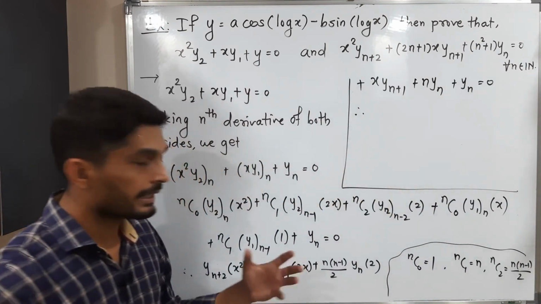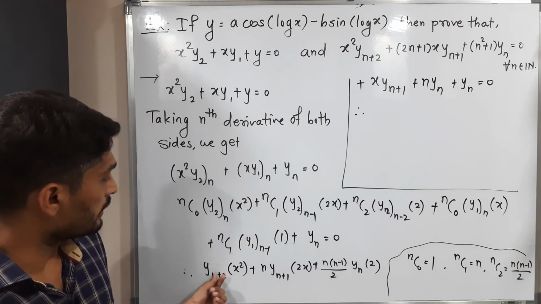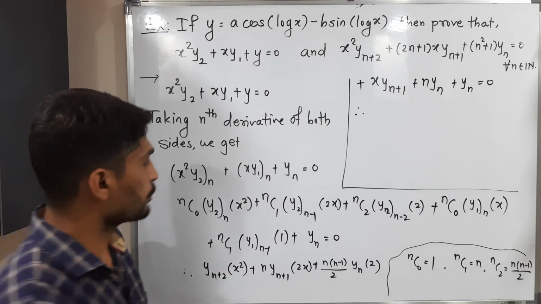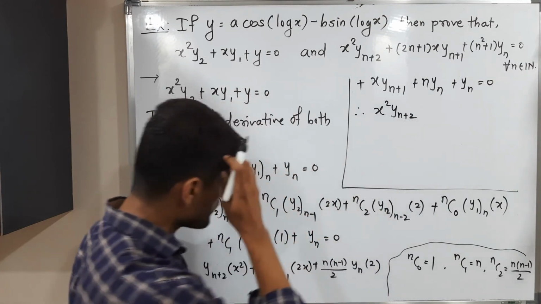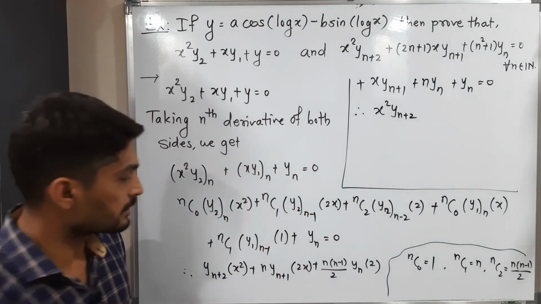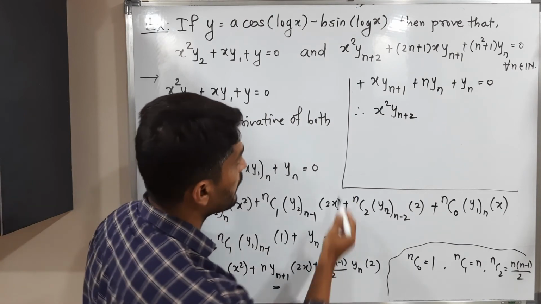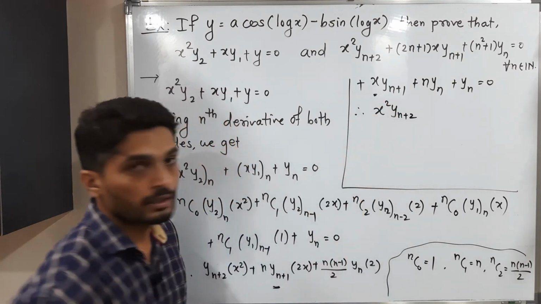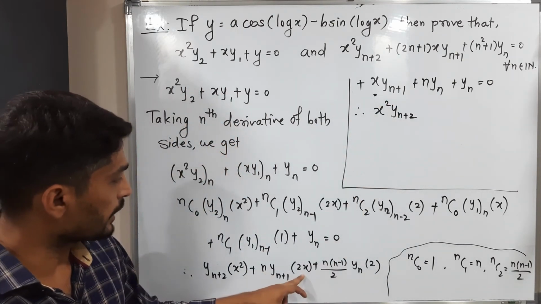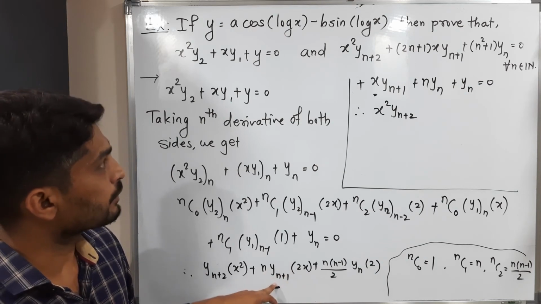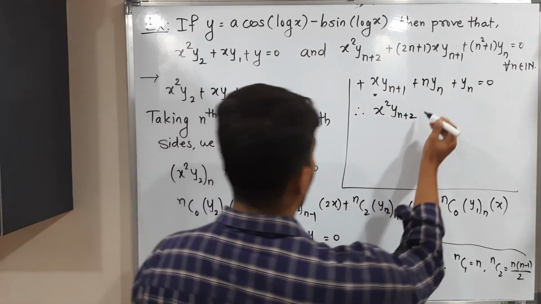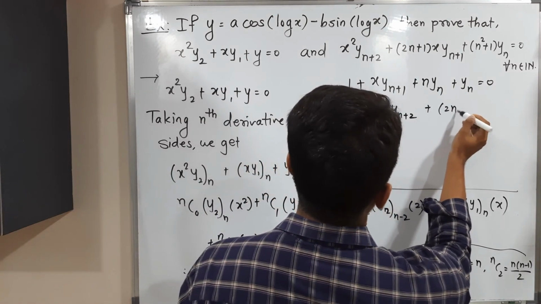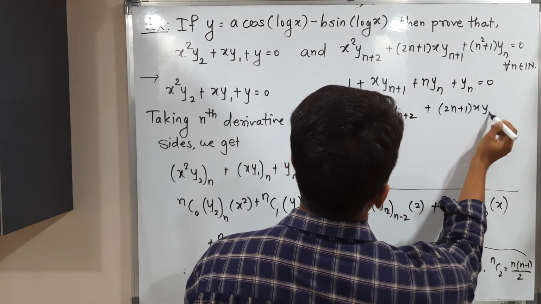Let us collect terms now. There is only one term of yn plus 2, so let us write x square yn plus 2. But there are many terms of yn plus 1. This is a term of yn plus 1, and this is also a term of yn plus 1. If you add, what will happen? We can take x yn plus 1 common, so we will have 2n plus 1 x yn plus 1.